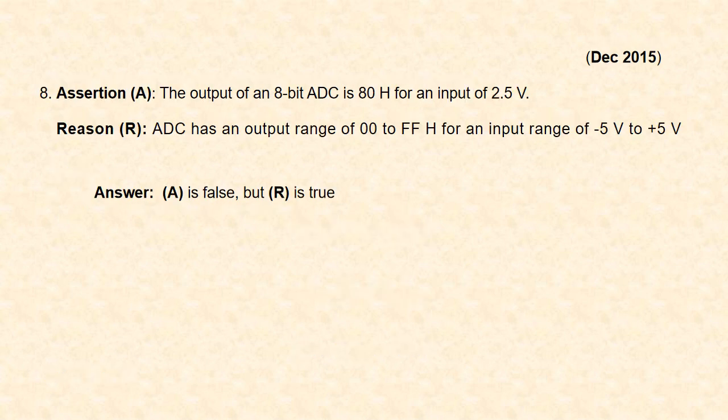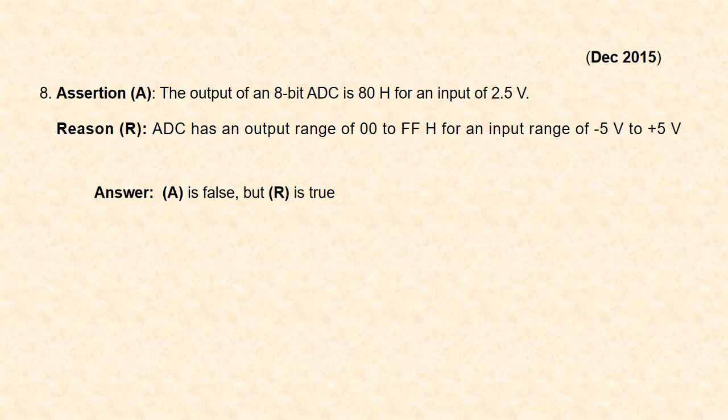Next question. This question was also asked in December 2015. It is assertion and reason type. The output of an 8-bit ADC is 80 H for an input of 2.5 volt. This statement is wrong because the output of an 8-bit ADC is 80 H for an input of 0 volt in the range of minus 5 volt to plus 5 volt.